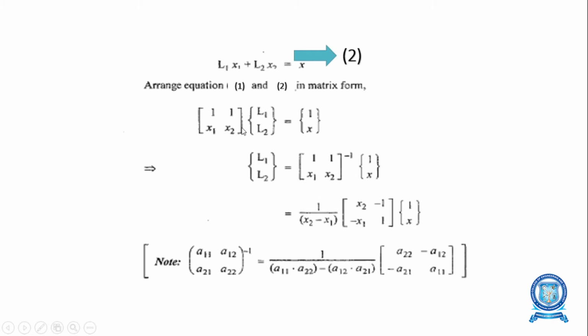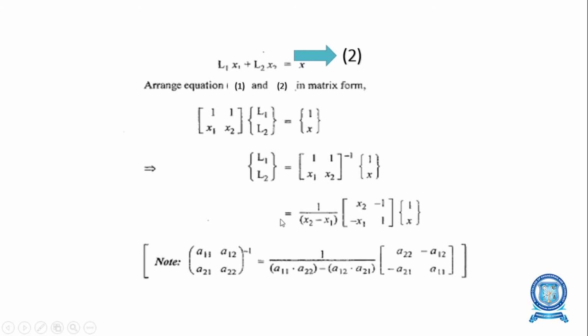Now we transfer this matrix from the left side to the right side. So the vector of L1, L2 is equal to the inverse of the matrix of 1, 1, x1, x2 into the vector of 1, x.